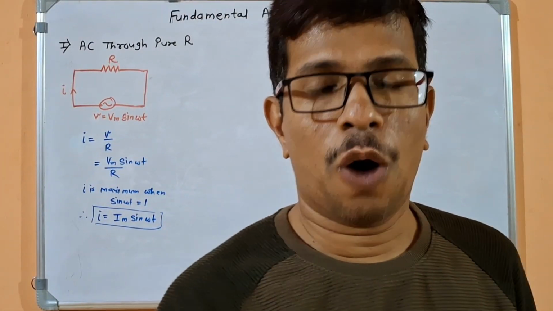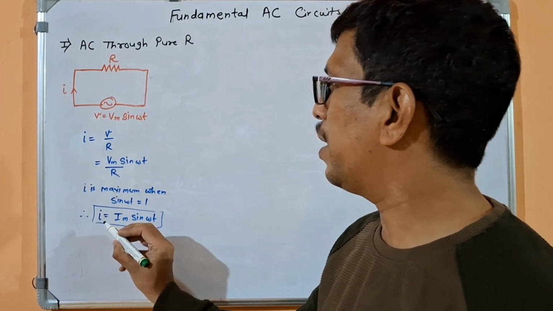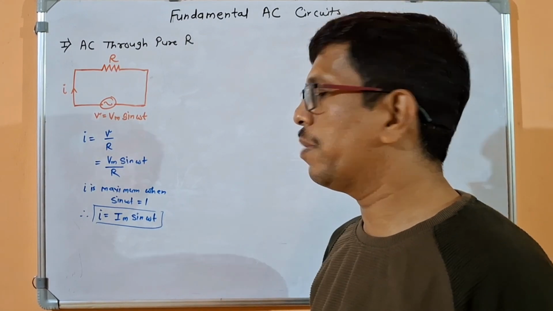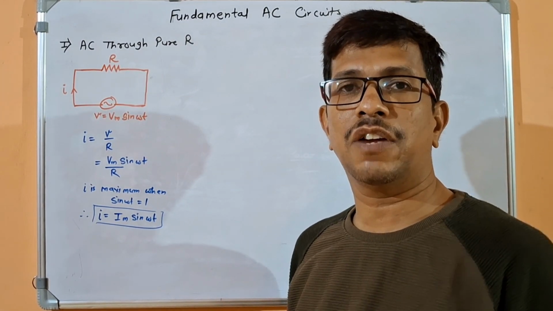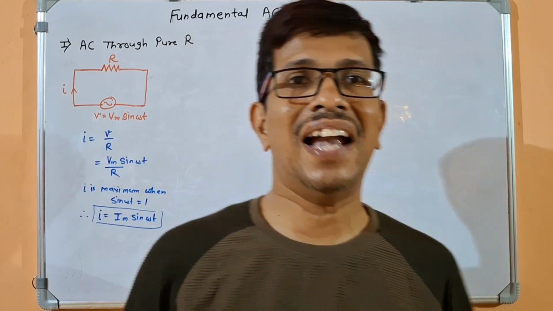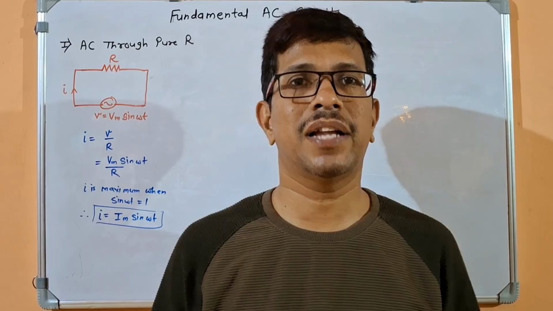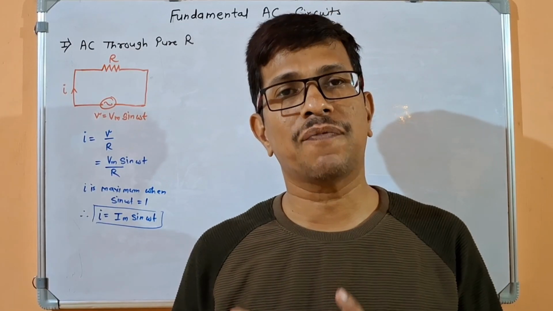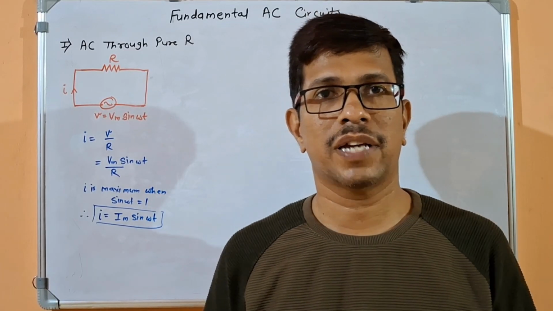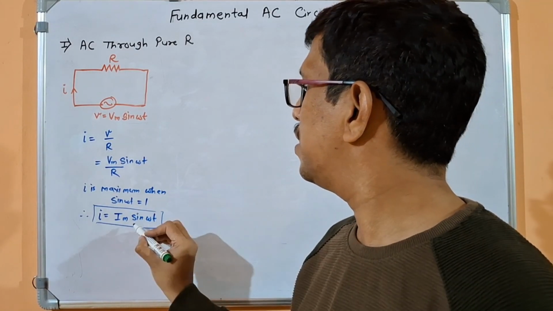Now if you observe both equations, V is equal to Vm sin omega t, I is equal to Im sin omega t. So both the equations are exactly the same. That means they will walk hand in hand, or they will attain the maximum value at the same time, because both are following the pure sine wave, sin omega t and sin omega t.